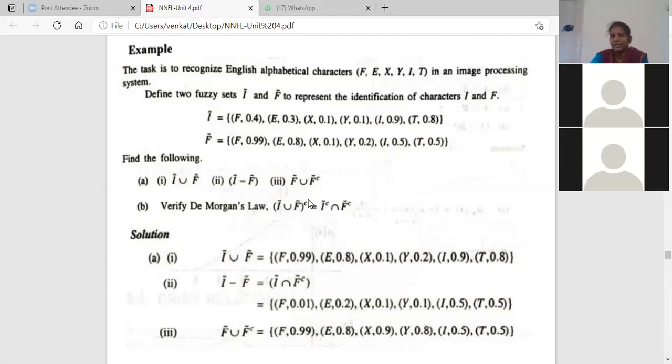So these are the things you need to work out. You are given set of English alphabets, so you need to recognize these alphabets in image processing system.